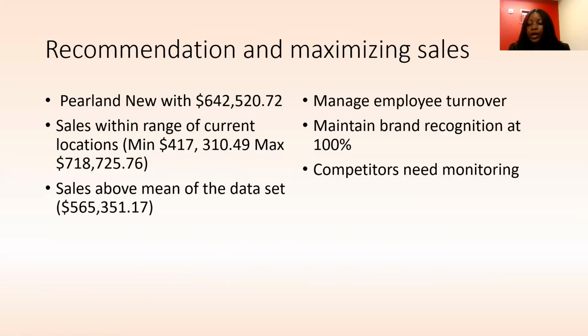So even though it is not applied to the new locations, it is recommended to plan and manage it. We also need to have the maximum positive effect on sales increase. The brand recognition should be at 100% to maintain and maximize this expected sales amount.